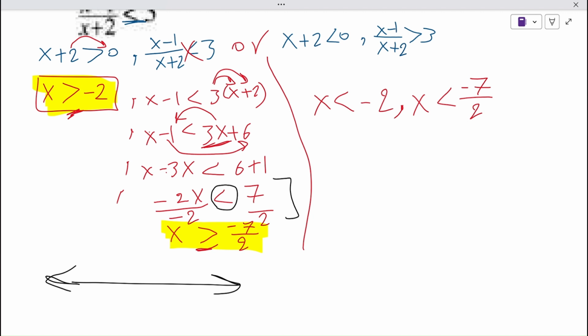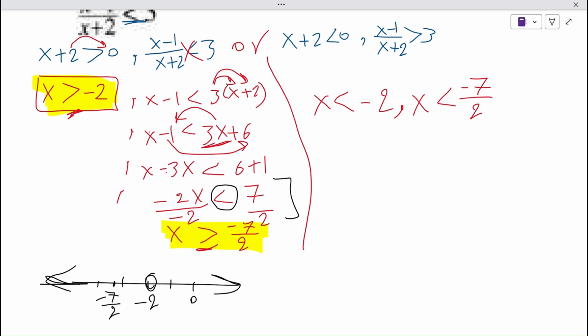Here we have 0, 1, minus 2 here, and minus 7 over 2 is equal to 3 point something. So this is 3, this is 4. This becomes negative 7 over 2. Now, x is greater than negative 2. Greater than, it means positive side.